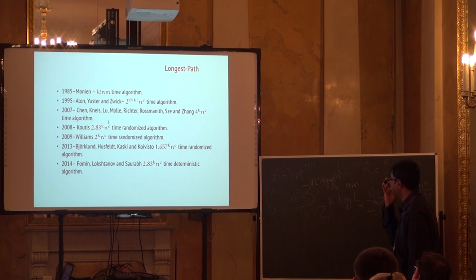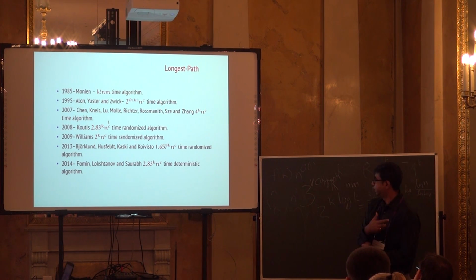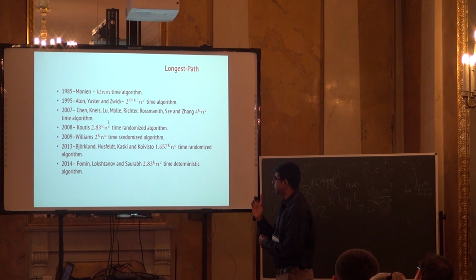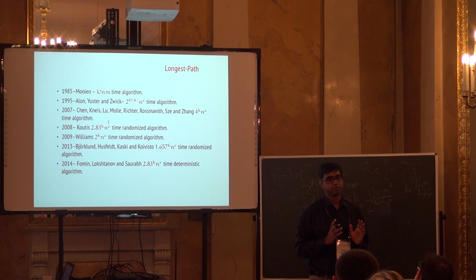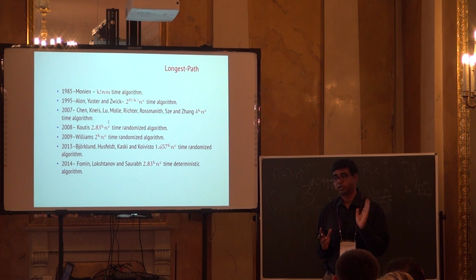Next, let's move on. In 2014, with Fedor and Daniel, we came up with an algorithm which ran in time 2.83 to the power k, but it was a deterministic algorithm. So it was the first improvement after 2007 to come up with a deterministic algorithm which ran better than 4 to the power k.